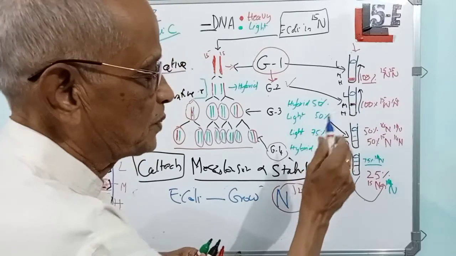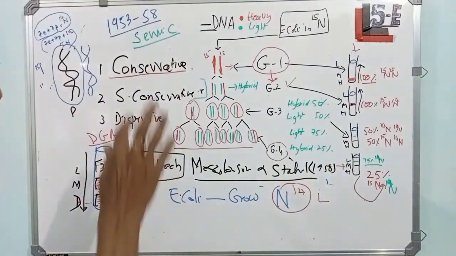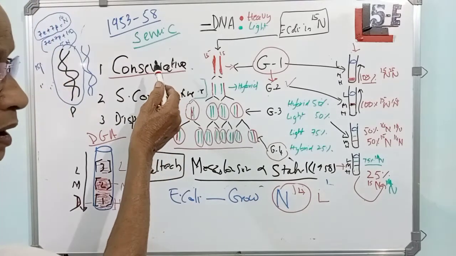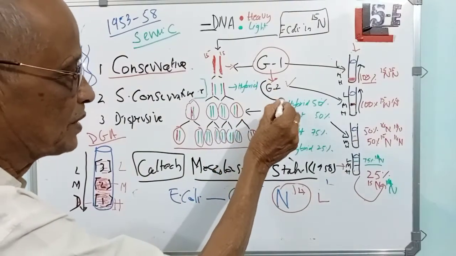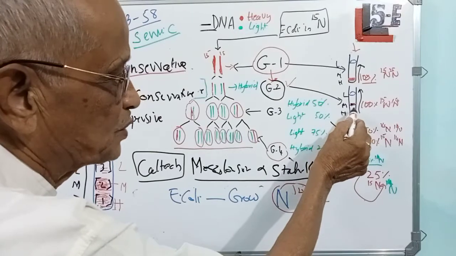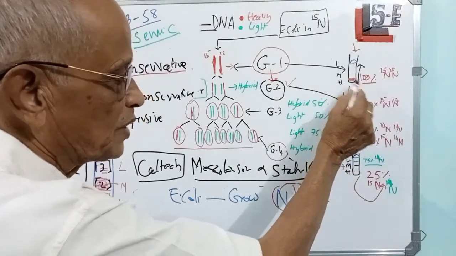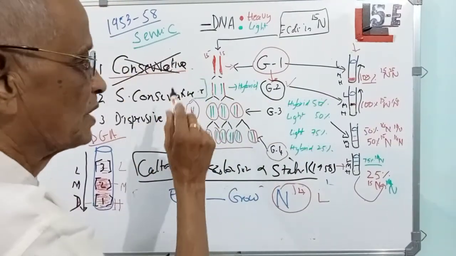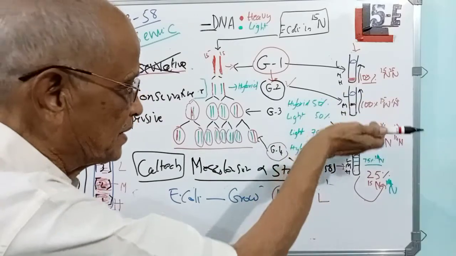That means it was not heavy. So if it is a conservative one, in the second generation they should be shown at the bottom only. Therefore, it did not happen. Therefore, they said conservative is not possible because there is a change in the gradient.